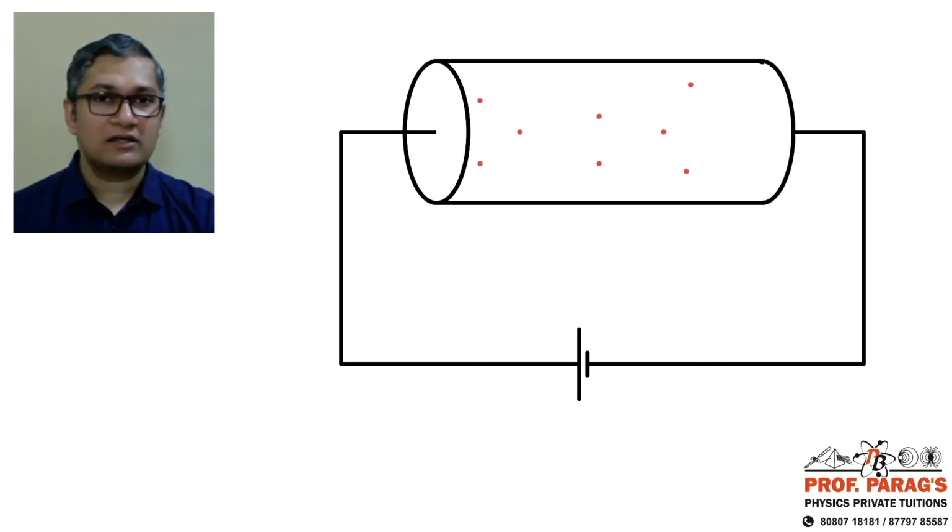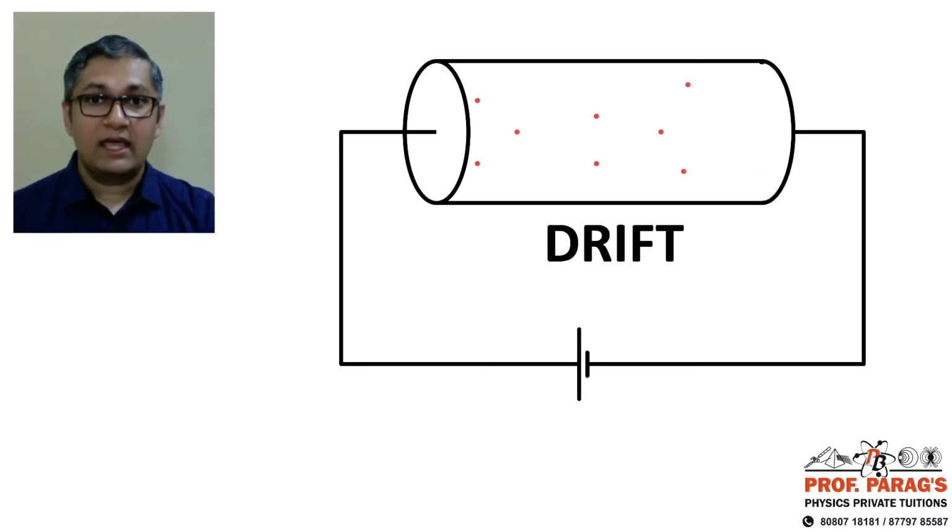Earlier they were just moving randomly, now it is a fixed direction, and this is what I will call drift. The electrons are drifting from the negative terminal of the cell to the positive terminal of the cell, flowing through the resistor. So in this case of drift, the speed is going to be slightly higher. And why are they drifting? What energy are we giving here?